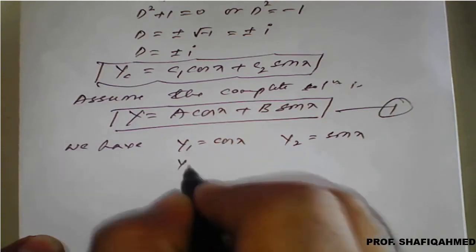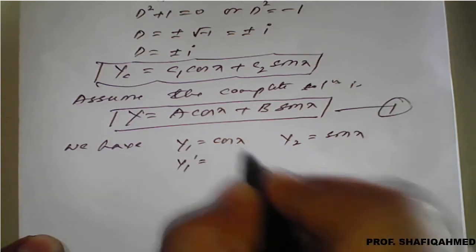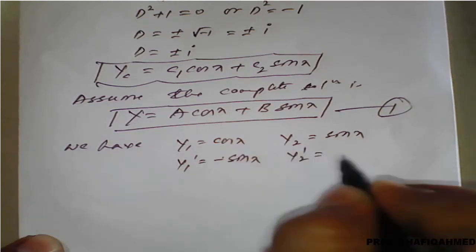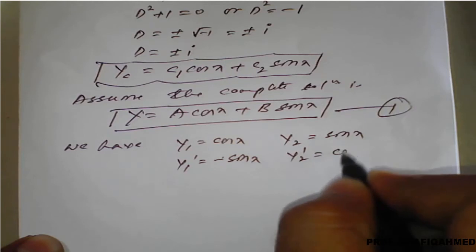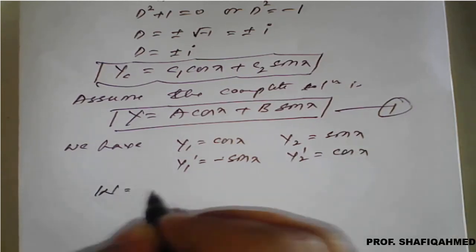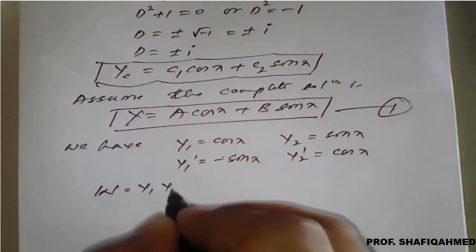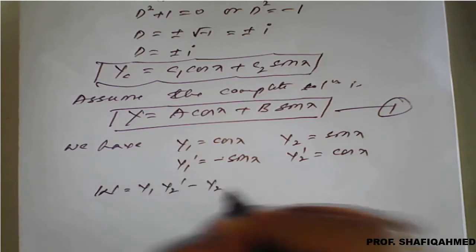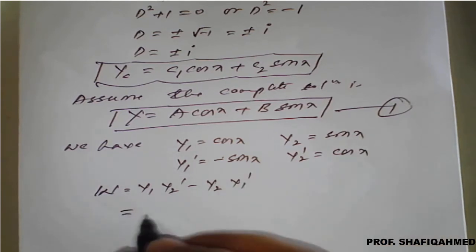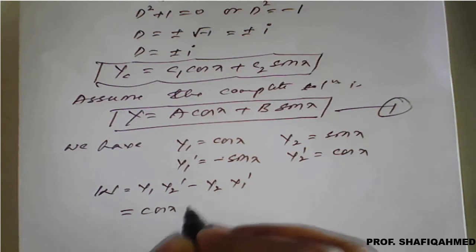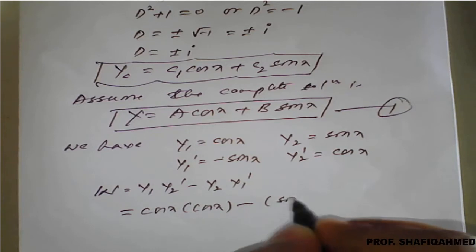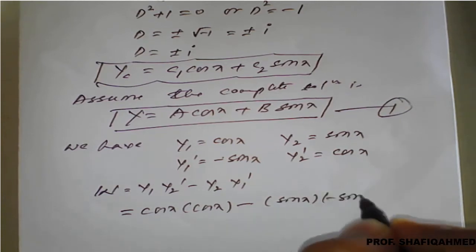So y1 dash will be the differentiation of cos, which is minus sin x, and y2 dash, differentiation of sin x, is cos x. Therefore W is y1 y2 dash minus y2 y1 dash, which is cos x into cos x minus minus sin x into minus sin x.